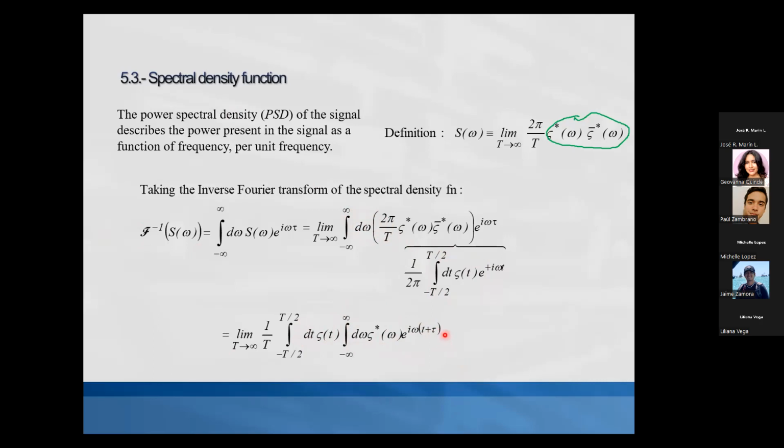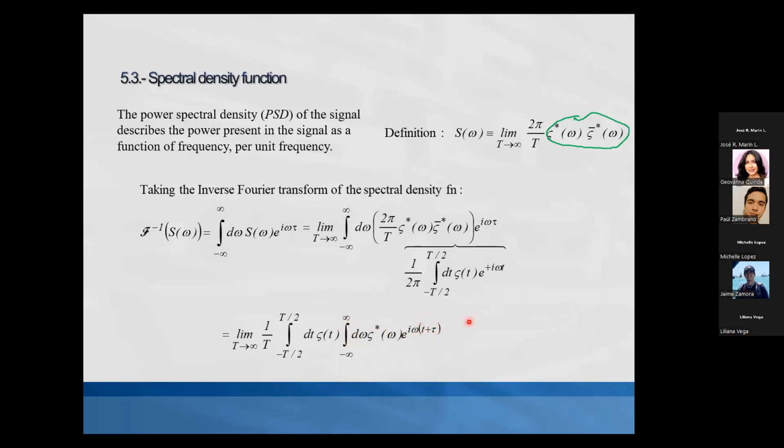But here, we integrate the Fourier transform times e to the i omega (t plus tau). So this is the inverse, and we're going to obtain zeta as a function not of t, but of t plus tau.